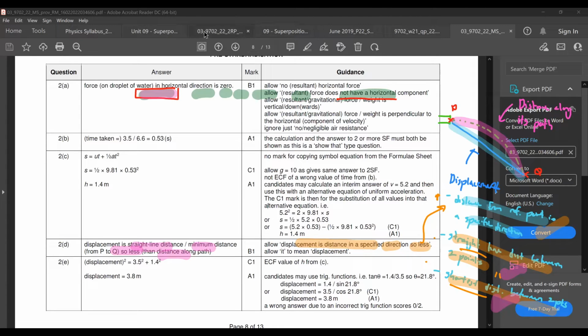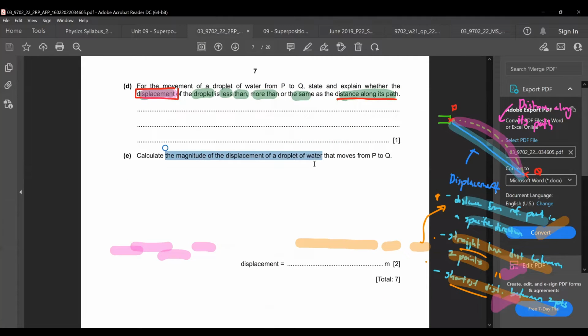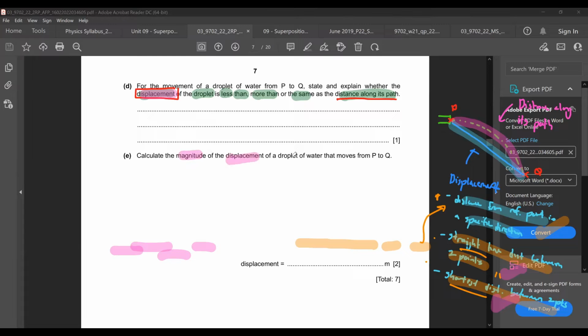Then after that, I will ask you to find the magnitude of the displacement. Calculate the magnitude of the displacement of a droplet of water that moves from P to Q. They want you to calculate this magnitude.